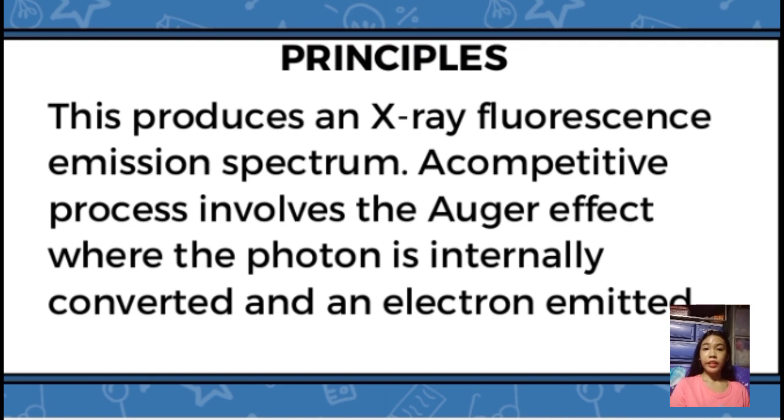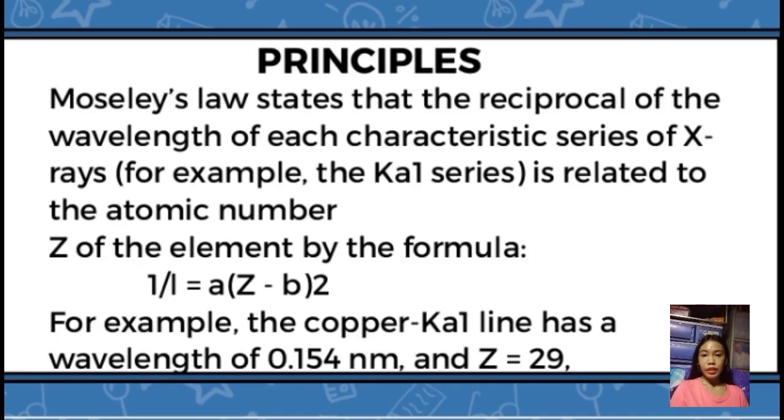In addition to X-ray fluorescence, there is a competitive process known as the Auger effect, where an absorbed photon causes the internal conversion of energy, resulting in the emission of an electron rather than the emission of a photon.